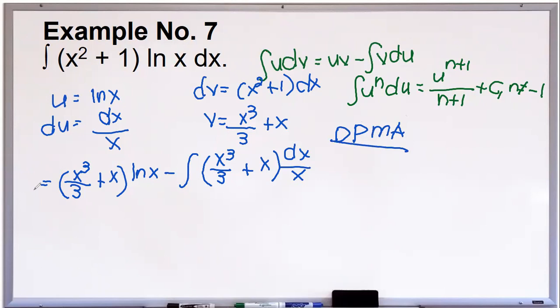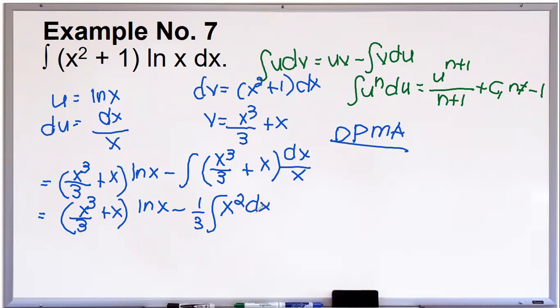Okay, so this will become what? X cubed over 3 plus x ln of x minus, so ilabas na natin si 1/3 integral of x cubed divided by x, so magiging x squared dx, di ba? So by laws of exponent.